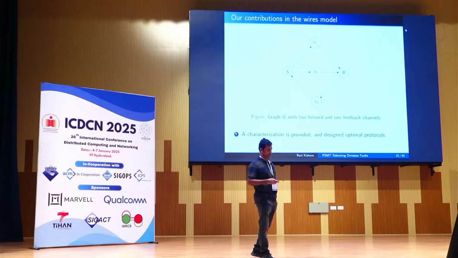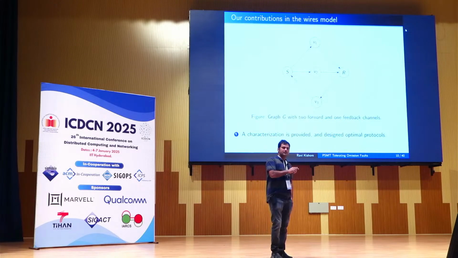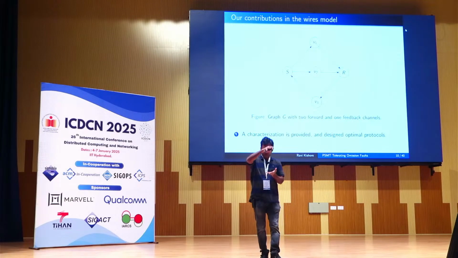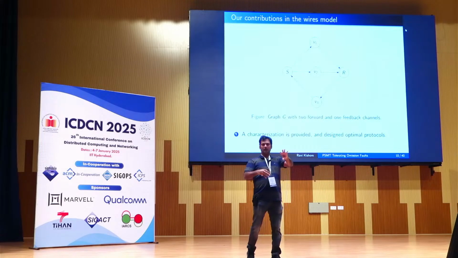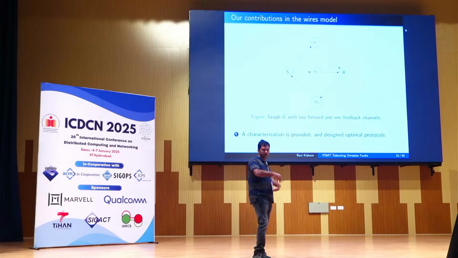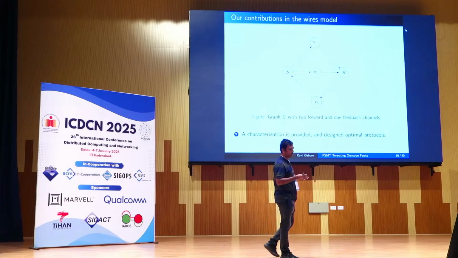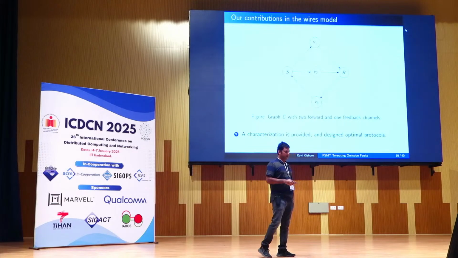That's why these are called feedback channels. Here the assumption is that the feedback channels and forward channels are disjoint, and within forward channels and within feedback channels, they are also disjoint. There is no node in common, of course, except S and R.